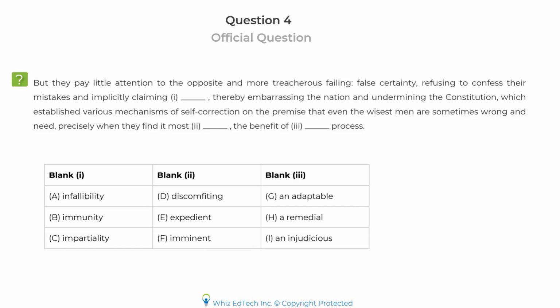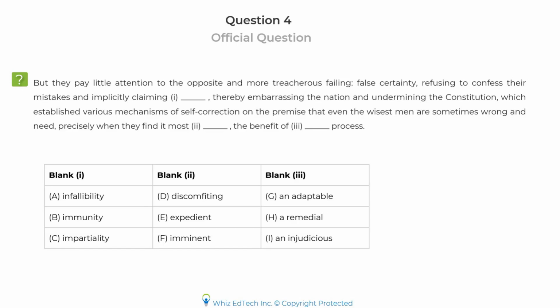It's an expedient solution, which means it's a practical, plausible solution, but not really the right solution in the sense of morality. Absolutely, Mukul. Thank you. You can often confuse it with expedite, which is totally different. Expedite means to speed up.